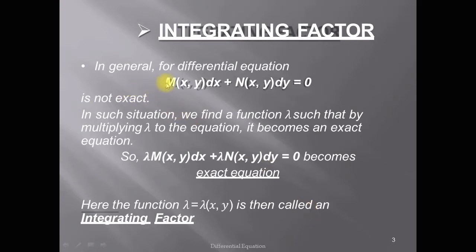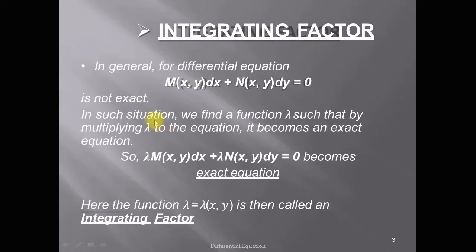In general, suppose we have the first order differential equation M dx plus N dy is equal to 0. And if this equation is not exact, in such a situation, we find a function lambda such that by multiplying lambda to the equation, it becomes an exact differential equation.